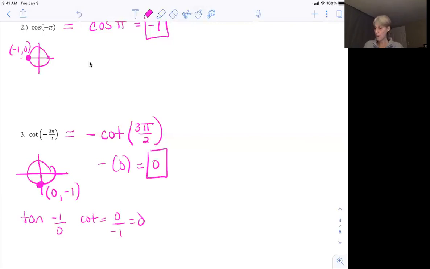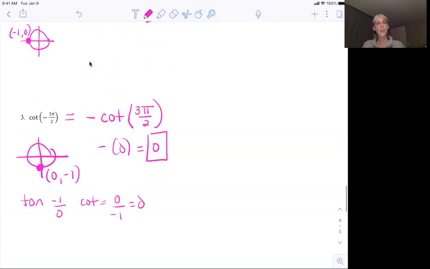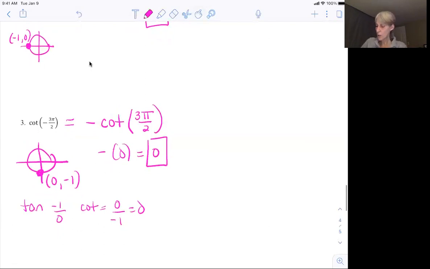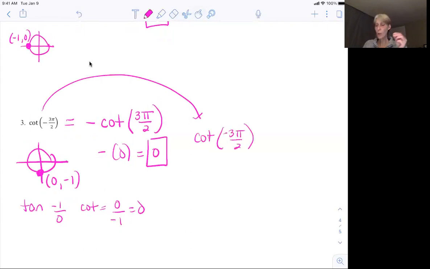Again, I'm giving you just an alternative way to analyze these negative angles. If you don't love them, don't use them. Because if you really know what you're doing, cotan of negative 3 pi over 2 is the same as the cotan of a 90-degree angle.